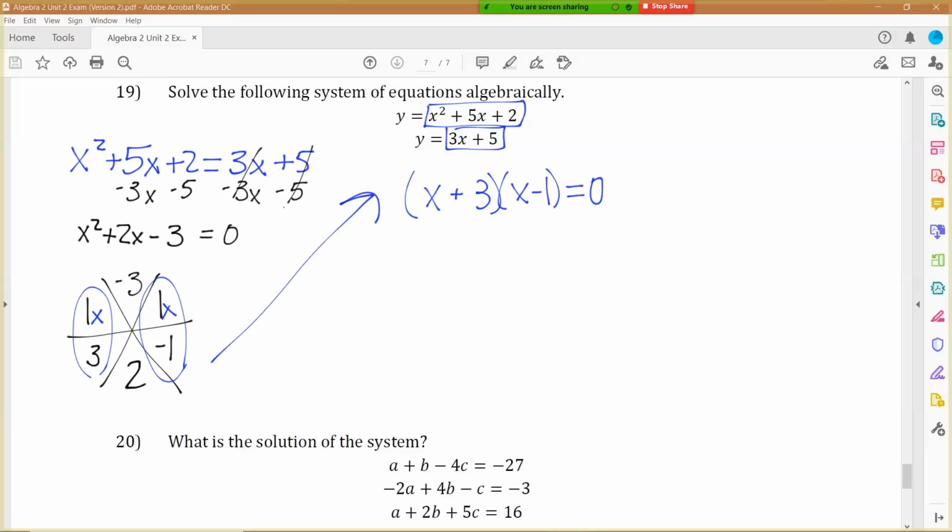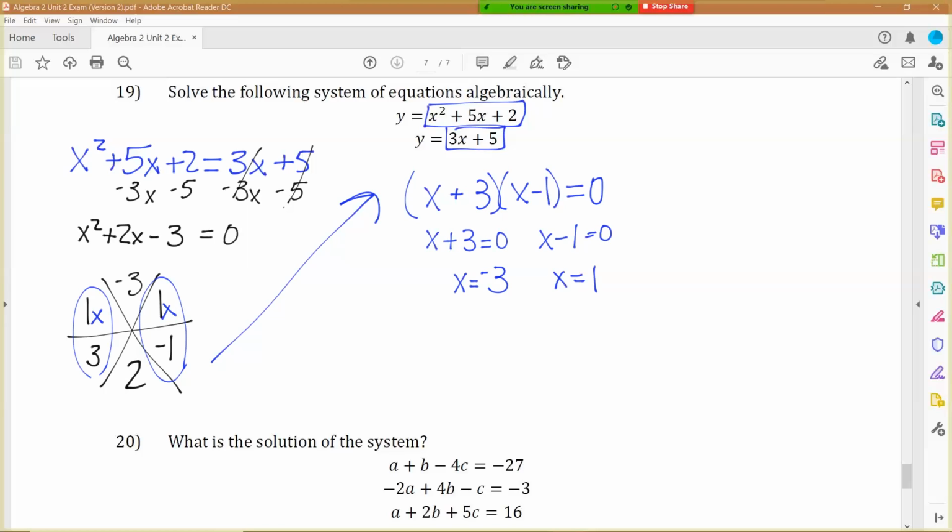Then I'm going to set them both equal to 0. So x plus 3 equals 0, x minus 1 equals 0. So that gives me two x values, one of them being -3, the other one being 1.